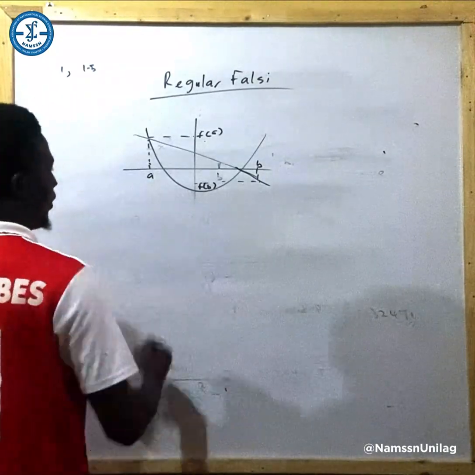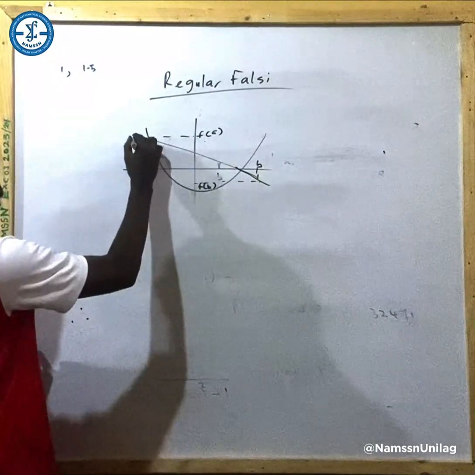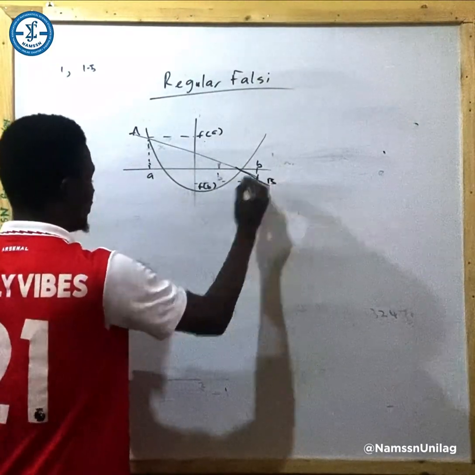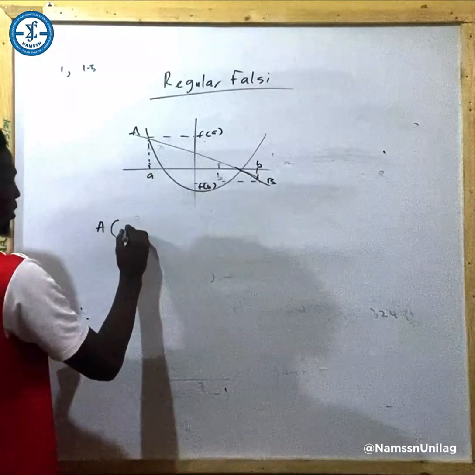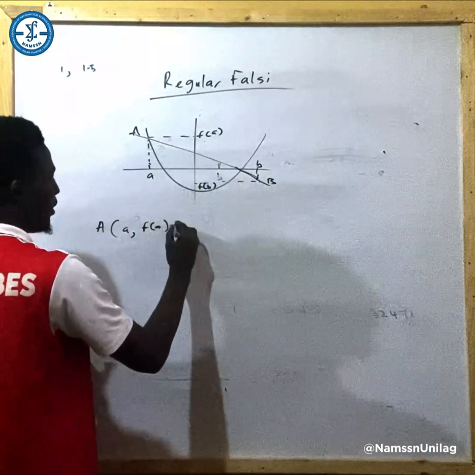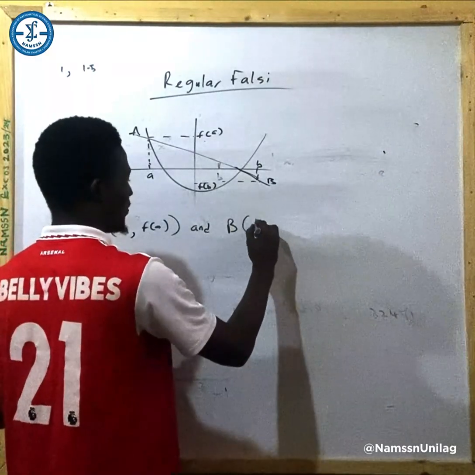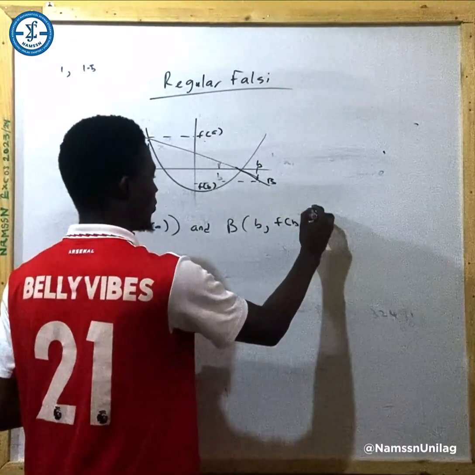So using these 2 points, let's call this point A, and this point B. So A has A comma f of A as its coordinate, and B has B comma f of B as its coordinate.